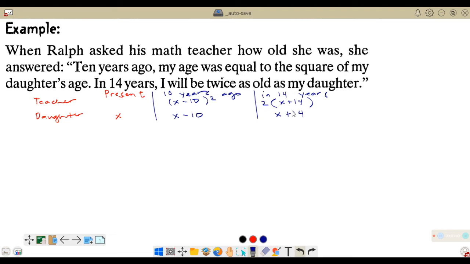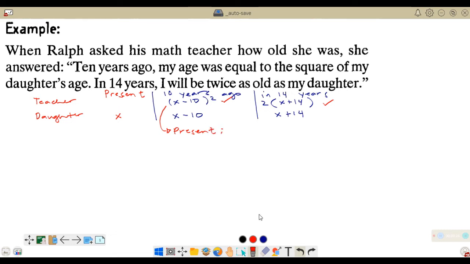So, we have the age of the mother 10 years ago and the age of the mother in 14 years. That is X minus 10 squared and 2 times X plus 14. Now, how can we make a relationship between these two? So, using this, 10 years ago, ano yung present age ni mother?